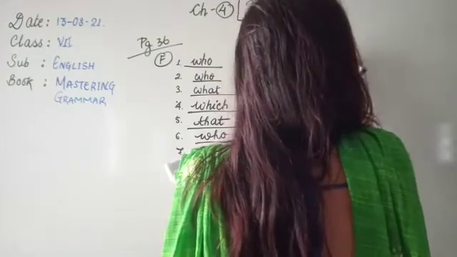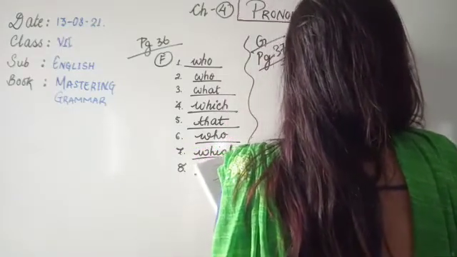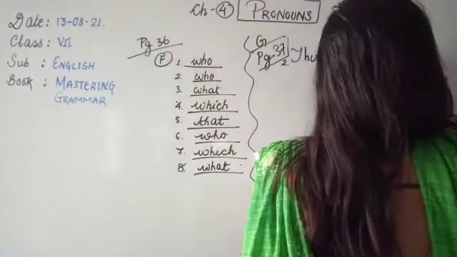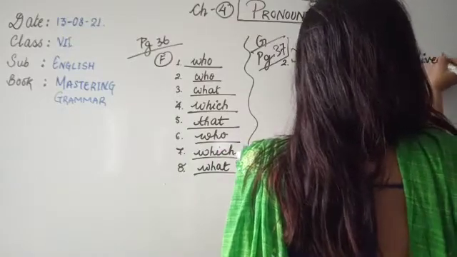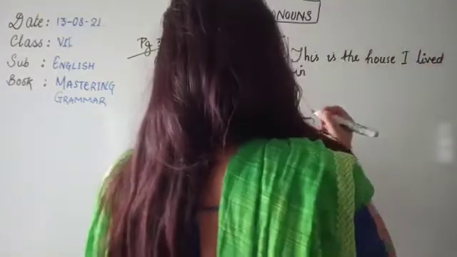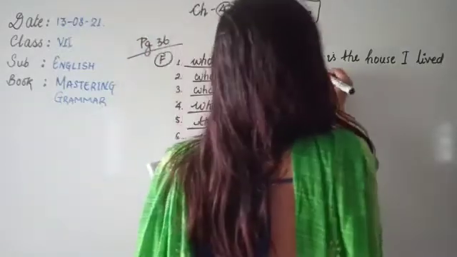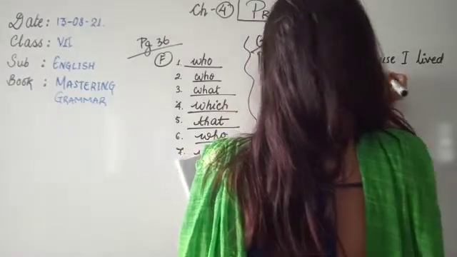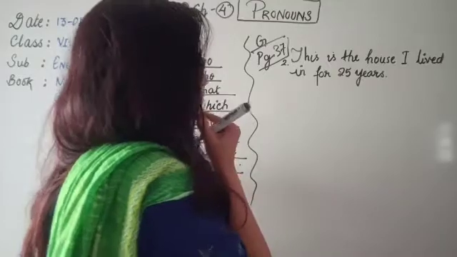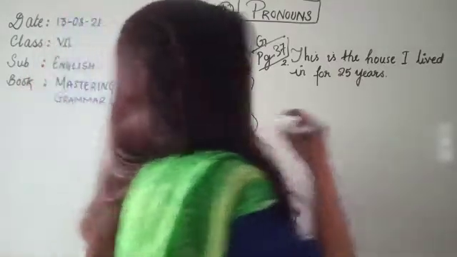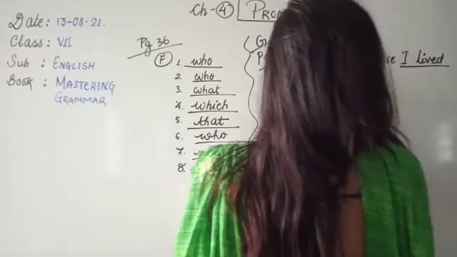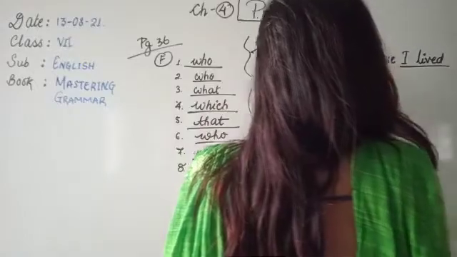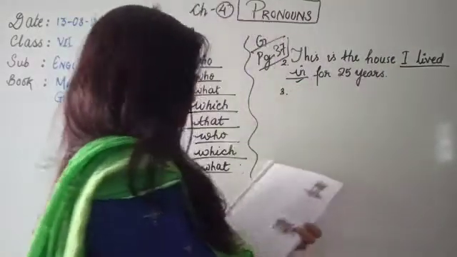This is the house I lived in for 25 years. Yes, this is the house I lived in for 25 years. Now what change did we do? Here, I lived in. Here I used a preposition and then I just brought it after the verb.